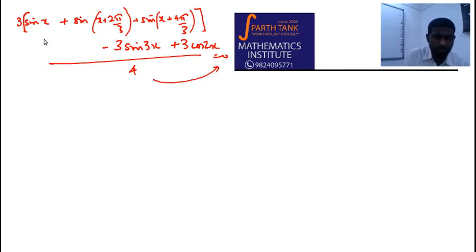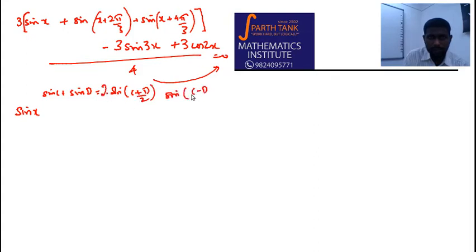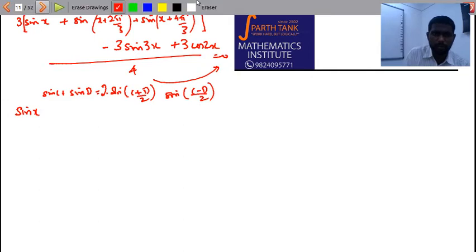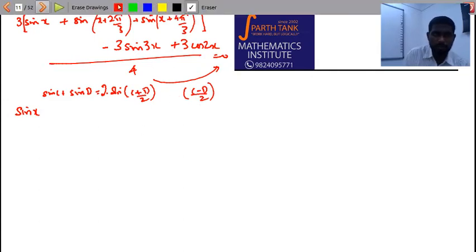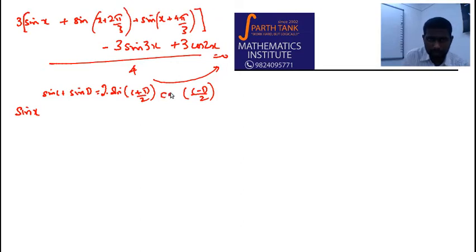Let us just simplify this bracketed term. If you use the formula for sin C plus sin D, which is 2 sin of (C plus D) by 2 times cos of (C minus D) by 2. Remember all these trigonometric formulae precisely, don't make any careless mistakes here.